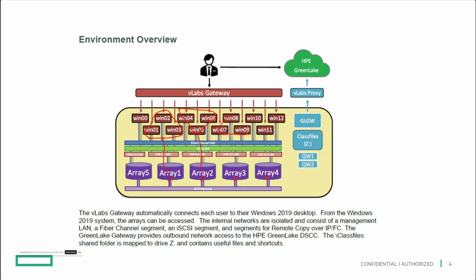Win 7, 8, 9 is connected to array 3. And Win 10, 11, 12 is connected to array 4. We also have the class file, the gateway, the proxy, and two quorum witnesses here, QW1 and QW2. The quorum witness is used for lab number 3, the remote copy setup.